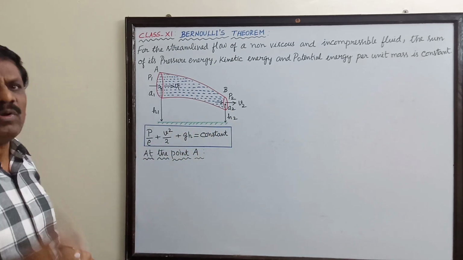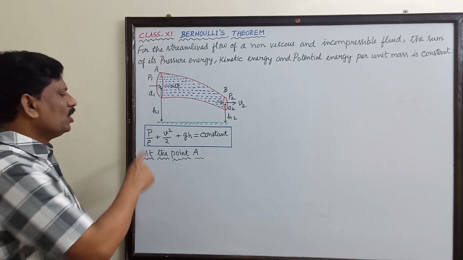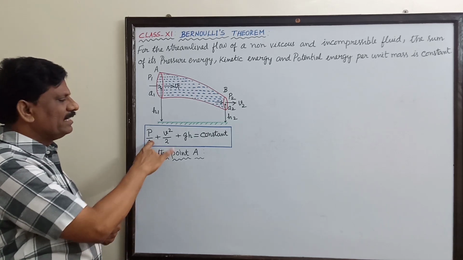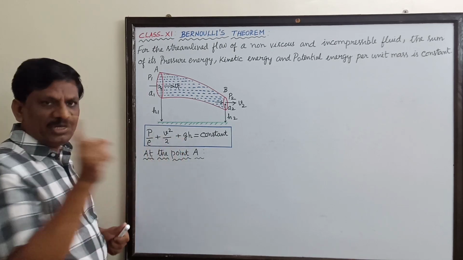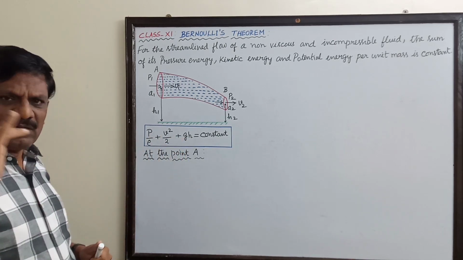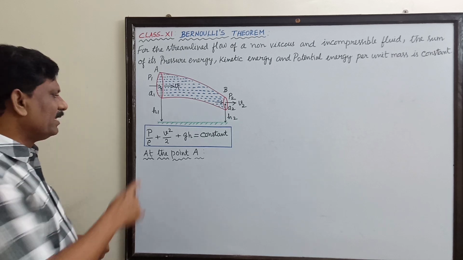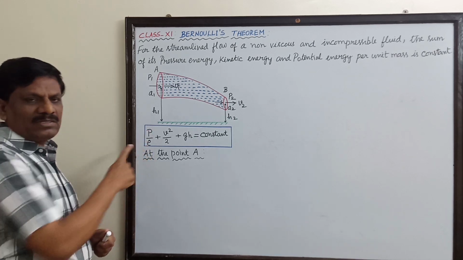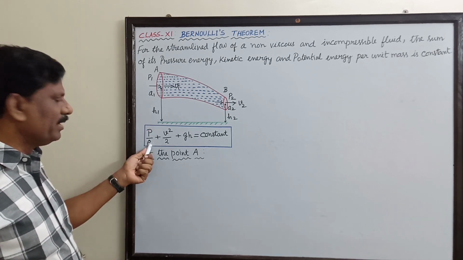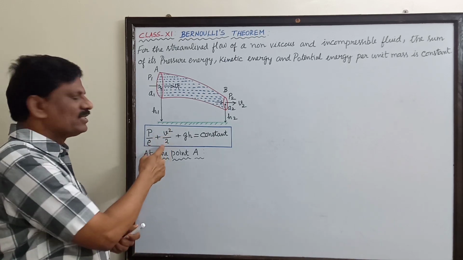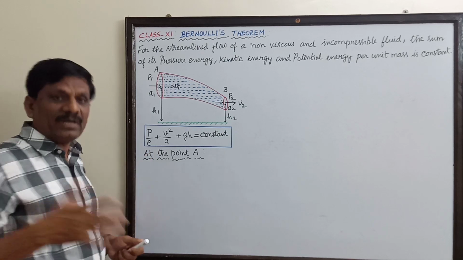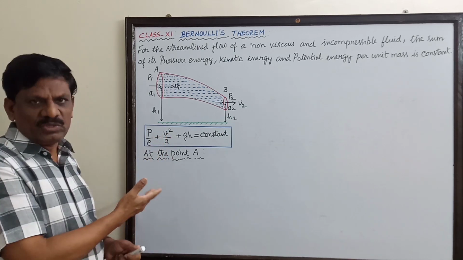Now what is to be proved here? The sum total of its pressure energy, kinetic energy and potential energy per unit mass. So the total pressure energy is mP by rho. So per unit mass it becomes P by rho. The expression for total kinetic energy is mv square by 2, so per unit mass it should be v square by 2.